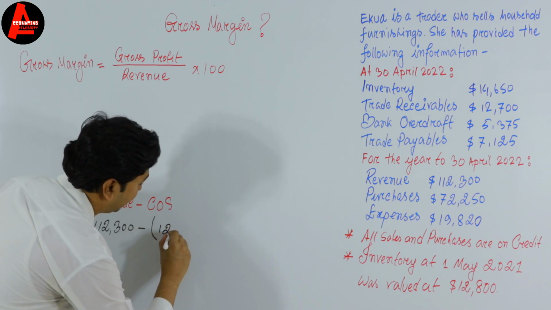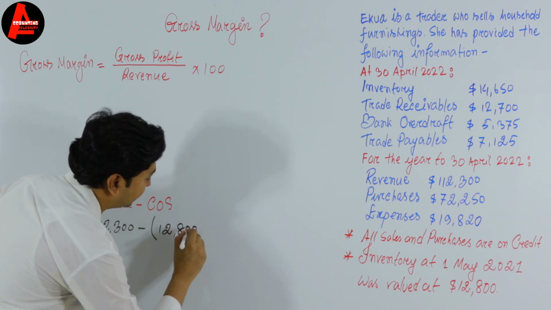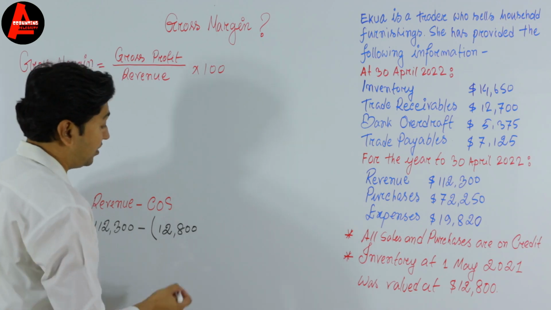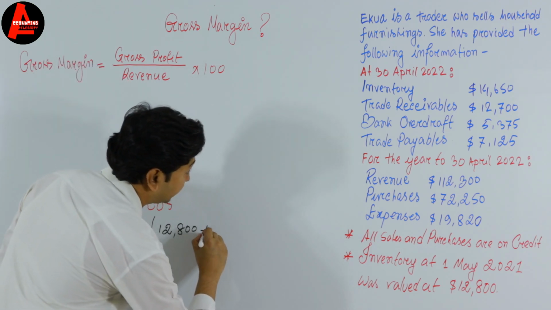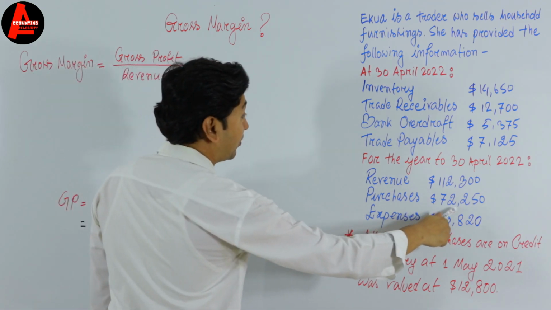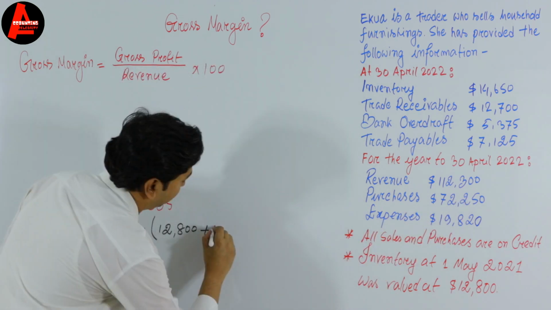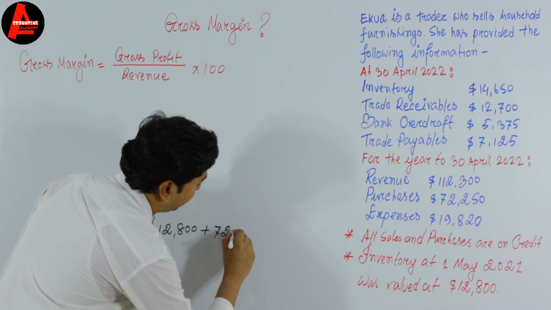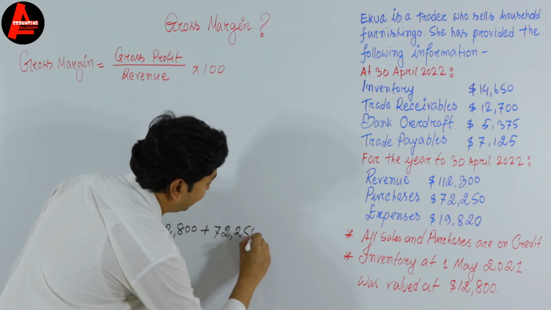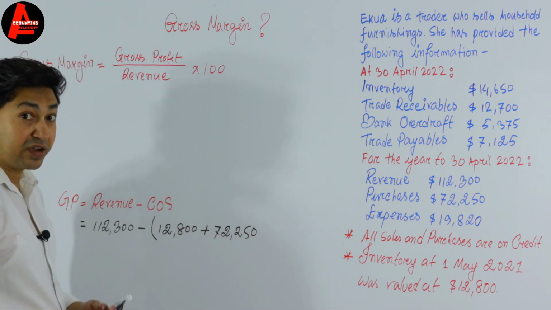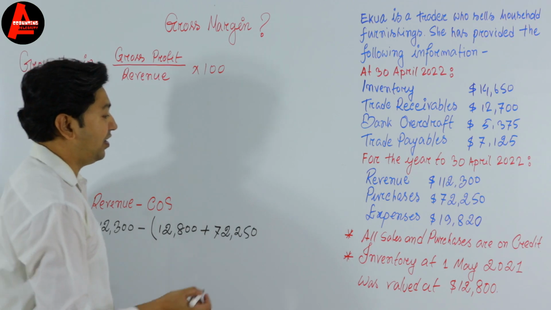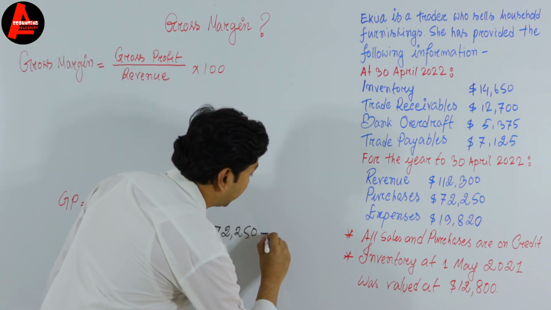So we will write here $12,800 plus purchases, right? So we have here purchases, it is $72,250. So we will write here $72,250. Then we have to subtract the closing balance. So let us subtract closing inventory.